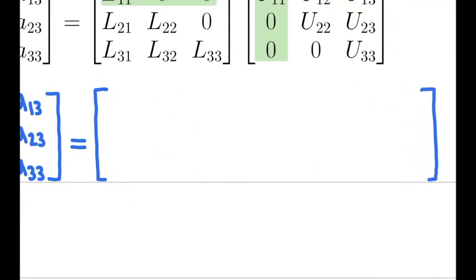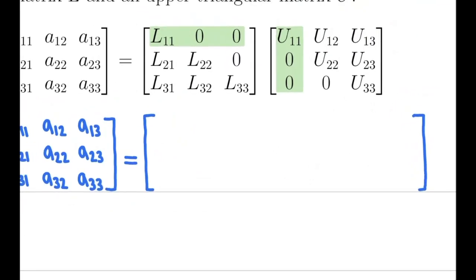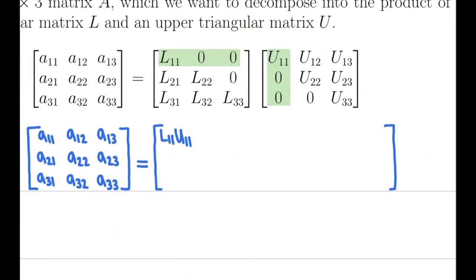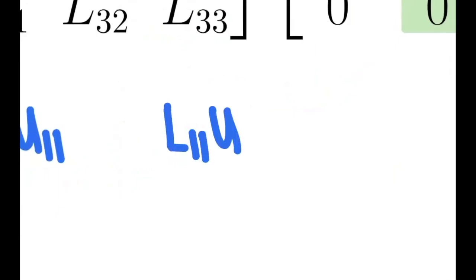So now let's move on to the entry to the right of that. I'm going to do a dot product with the first row of L and the second column of U. That's L11 U12, and the rest will be zero.